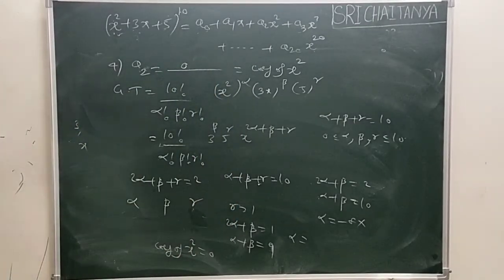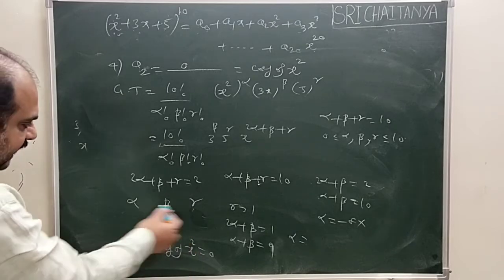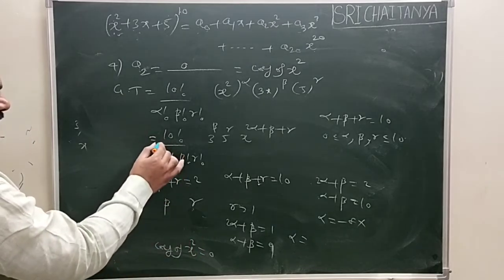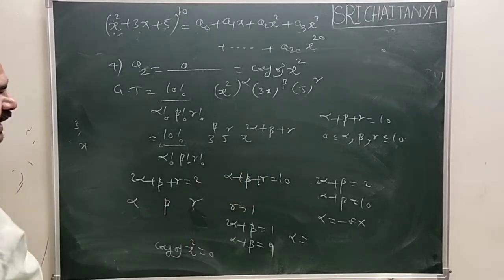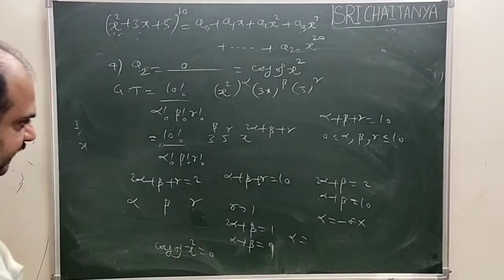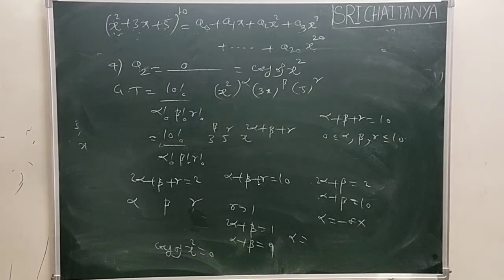A2 is 0. If you get values, substitute them and calculate as before; if nothing is there, the coefficient is 0. Okay?